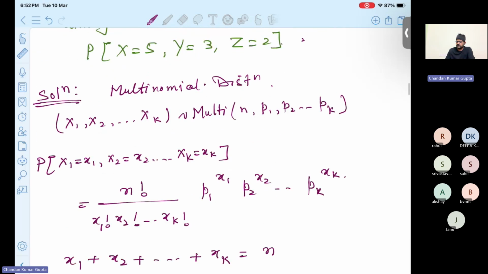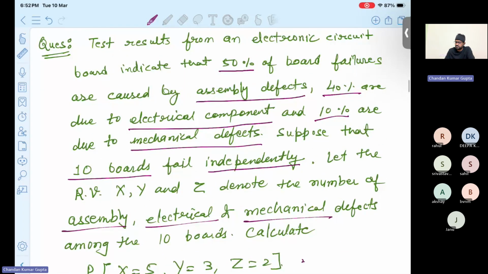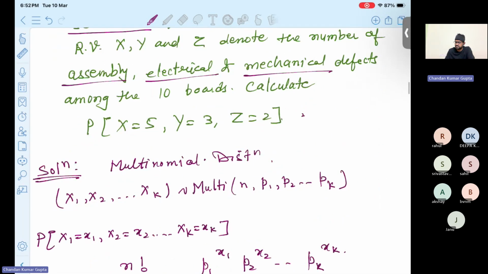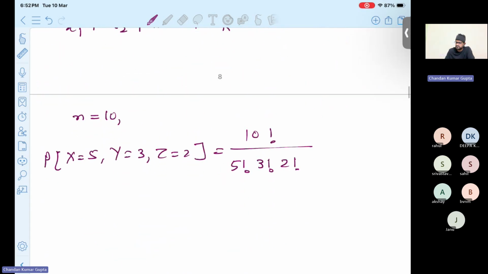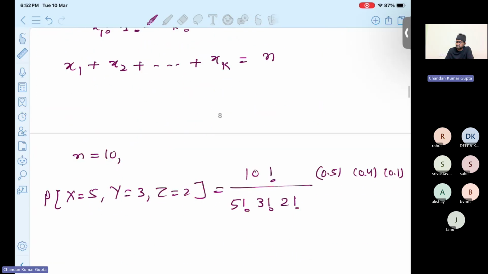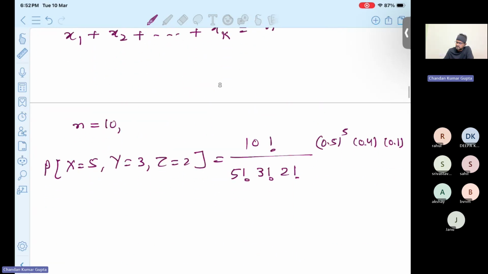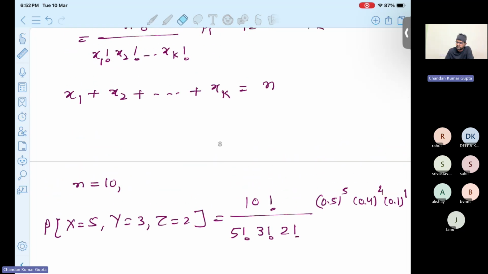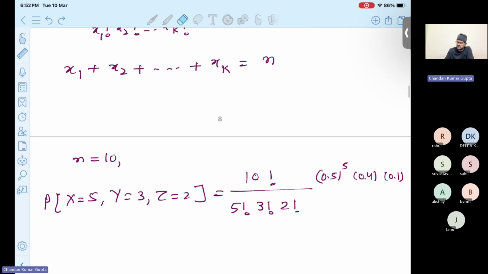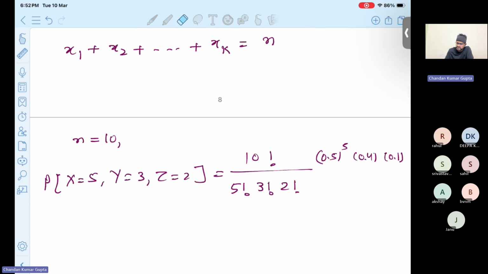Then P1 to the power x1, and P1 is 50%, 40%, and 10% respectively. So x1 will be 5, then 3, then 2.